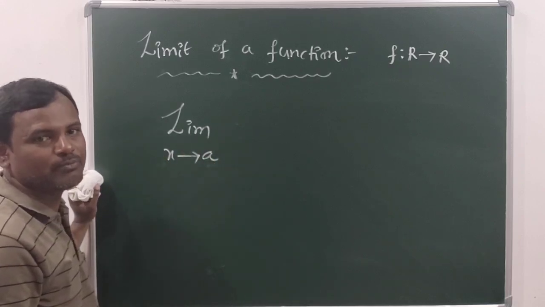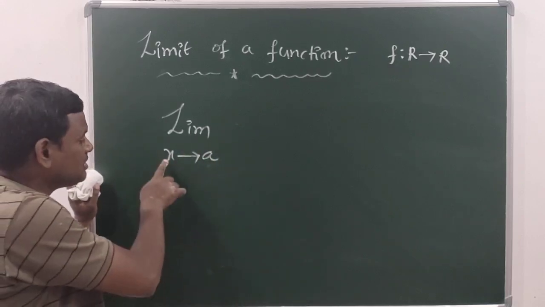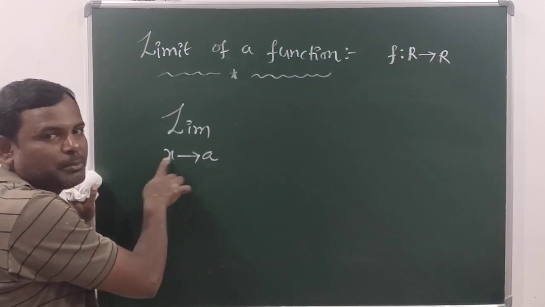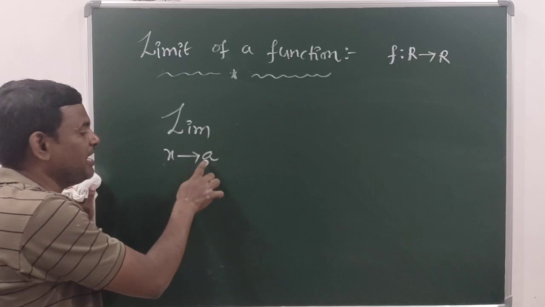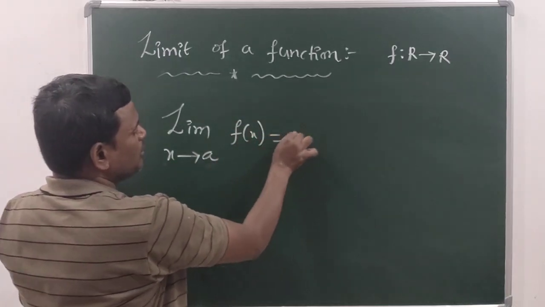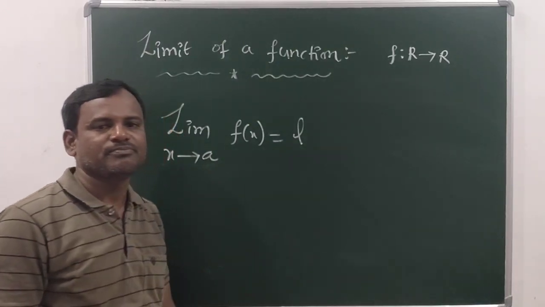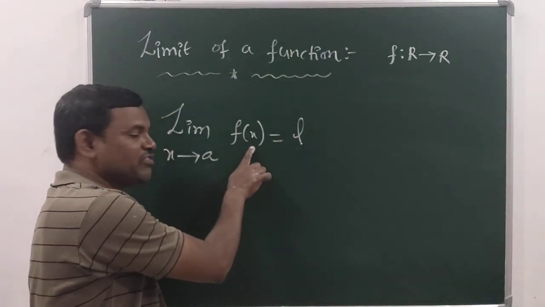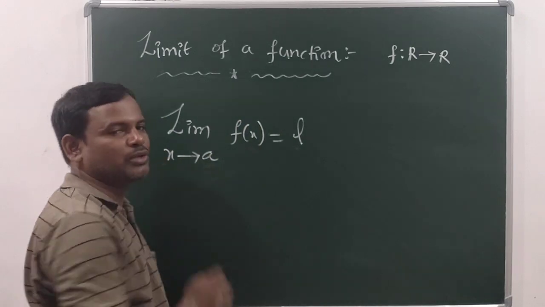See students, limit as x approaches a, but observe that a is a real number, x is any variable, not a constant, very close to a. Either it may be from the left side of a or the right side of a. a is a real number. Then the limit of f of x is equal to L. What is L? L is the limit value of this function when x approaches a.